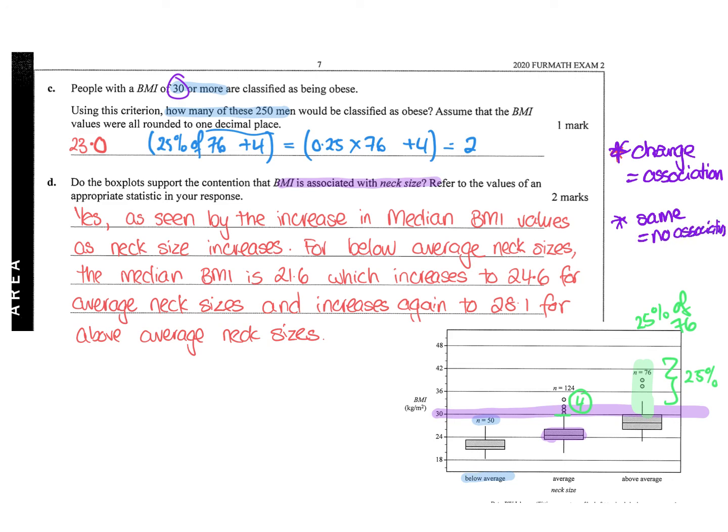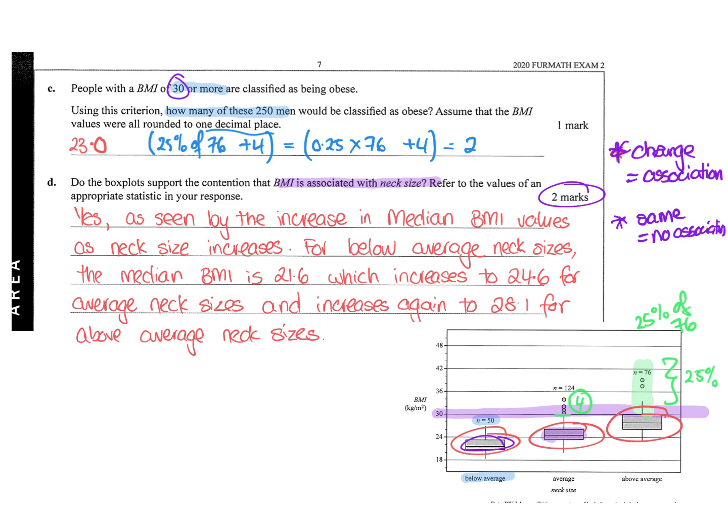So this one was 2 marks. First of all, you're going to get a mark for saying yes, it's associated because there's an increase in median. Can we see how the median is going up as the neck size goes up? Yeah? So I'm going to say yes. And the next mark is for the stat. You have to give the statistics.